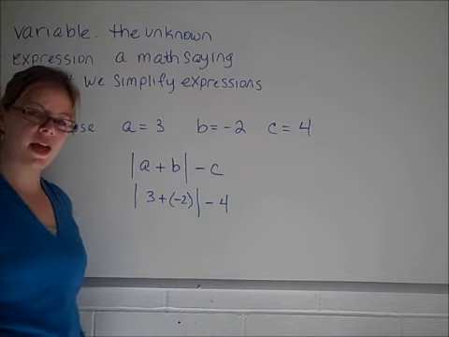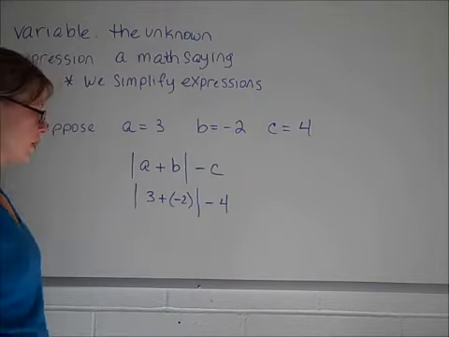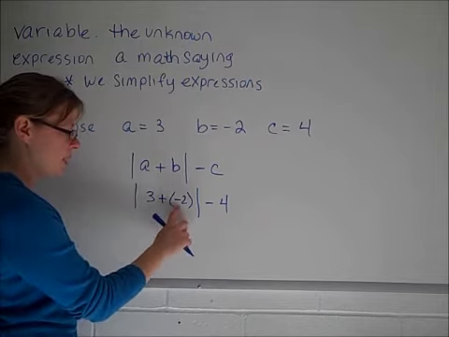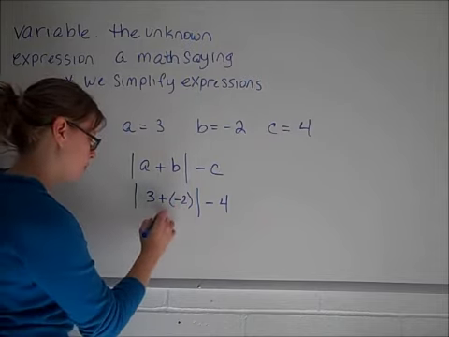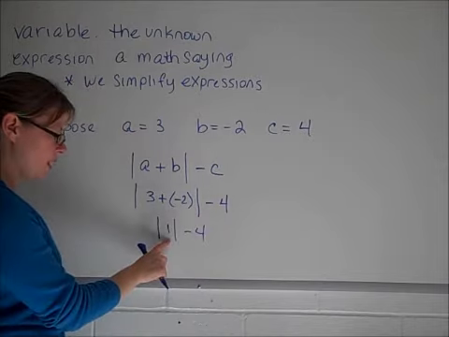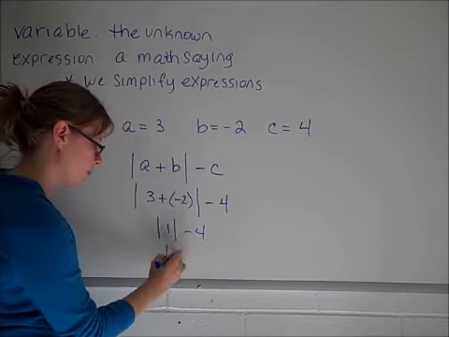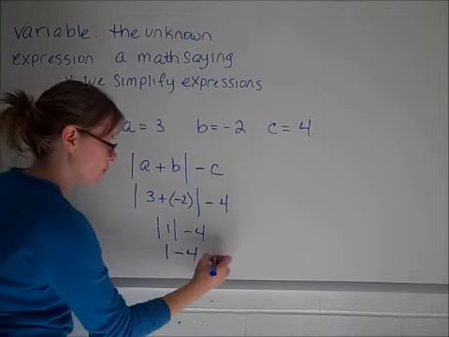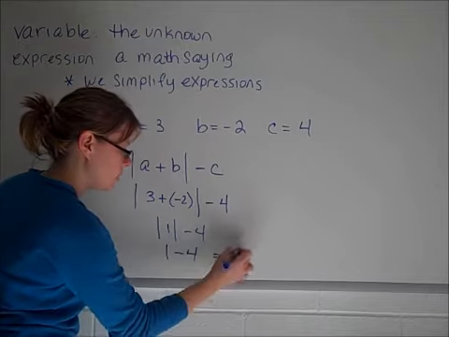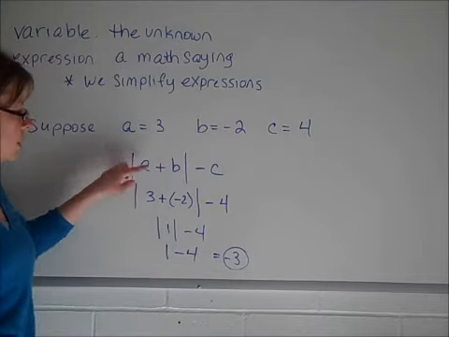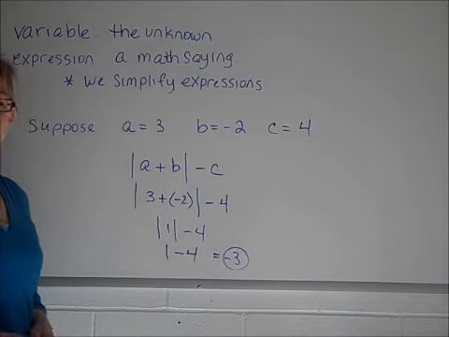Then we're going to go ahead and simplify following the order of operations. So inside the absolute value, we have 3 plus -2, which is 1. The absolute value of 1 is 1. Drop down the -4. 1 take away 4 is -3. So the absolute value of A plus B subtract C turns out to be -3.